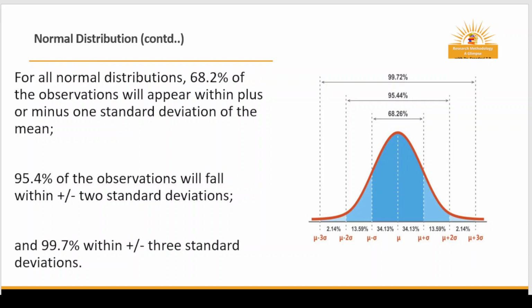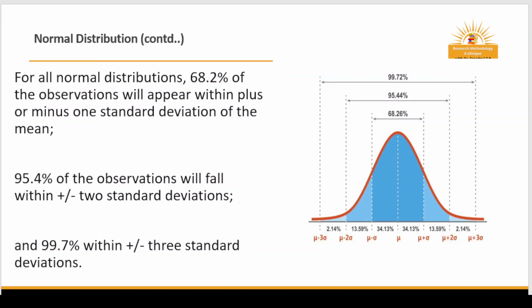To conclude, most of the variables are normally distributed in a population. Normal distribution or Gaussian distribution is a type of continuous probability distribution with a bell-shaped curve. Data are symmetrically distributed and unimodal.